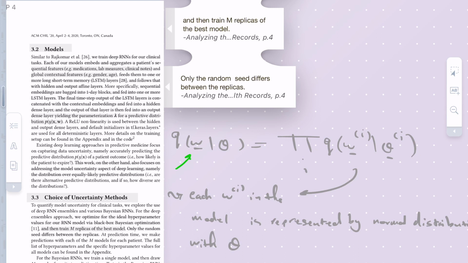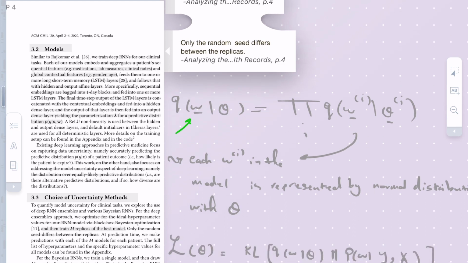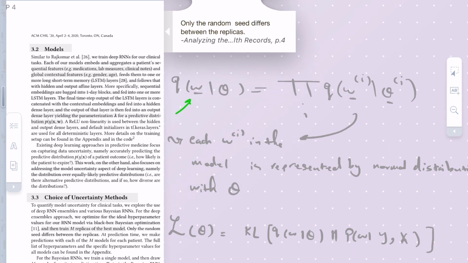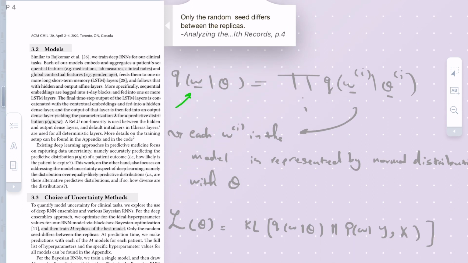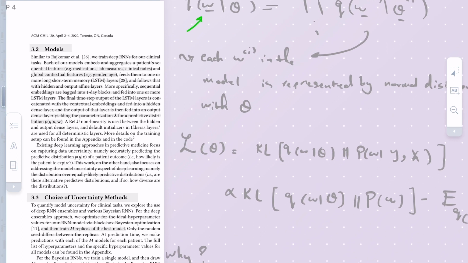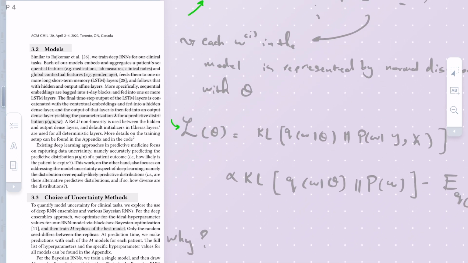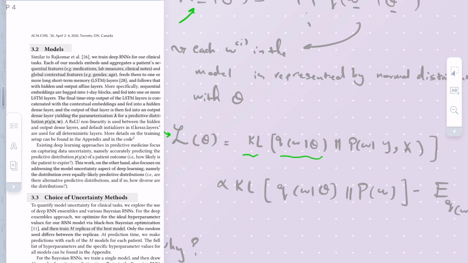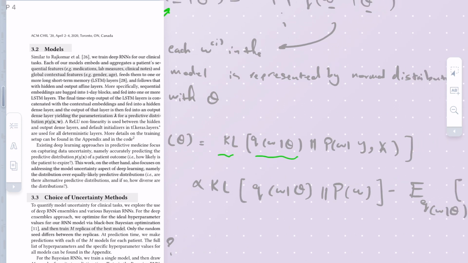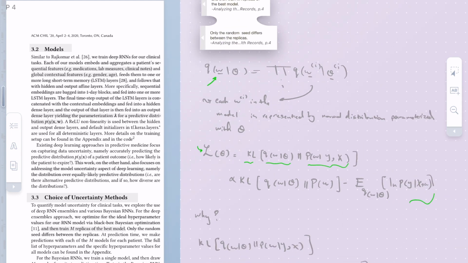For each weight group, the weights are represented by normal distributions with parameterization theta, and then they use the multiplication rule to obtain Q of weights conditioned on theta. For the loss, we have the KL divergence between the distribution of weights conditioned on the parameterization and the distribution of weights conditioned on outcome and inputs, which is going to be simplified to this.